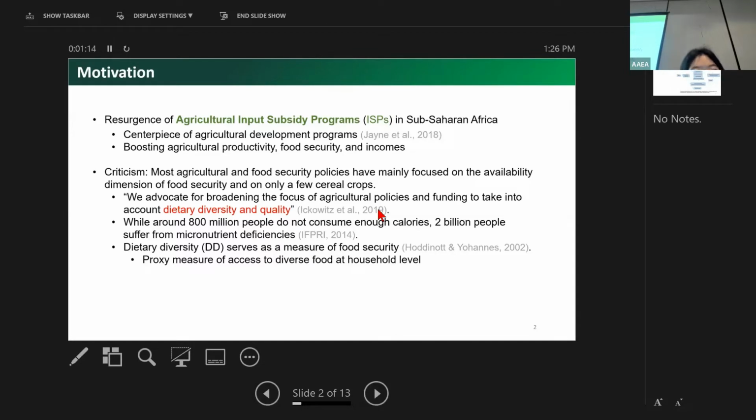While that is still important, given that many more people are suffering from nutrition deficiencies than the number of people who are suffering from hunger, in our paper, we focus on the dietary diversity dimension of food security. And this household dietary diversity is a proxy measure of the household's ability to access different kinds of food to meet its members' nutritional requirements.